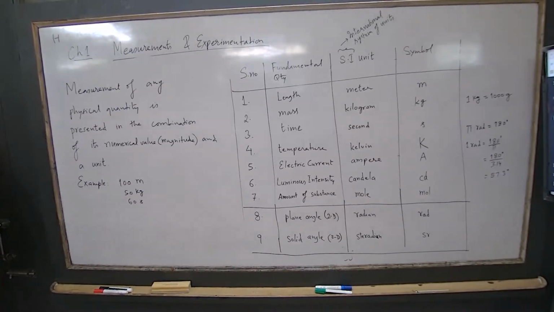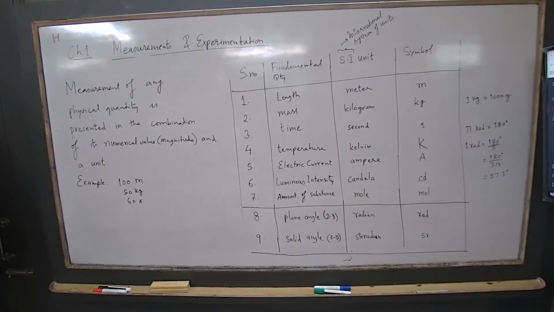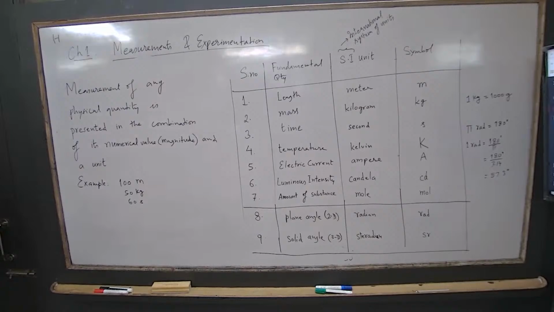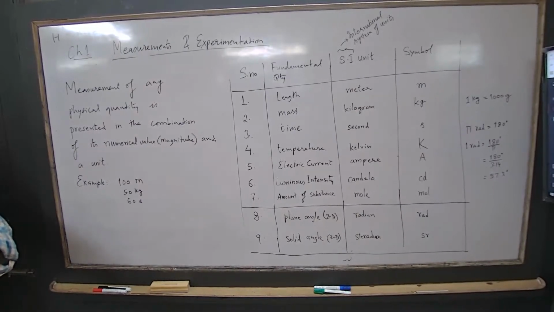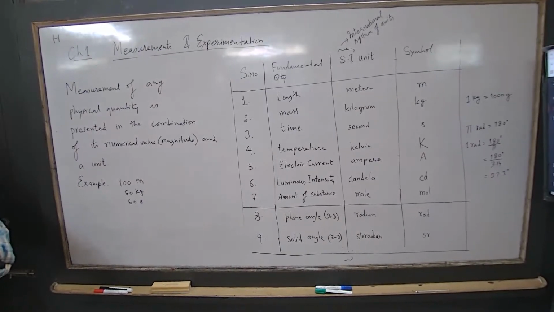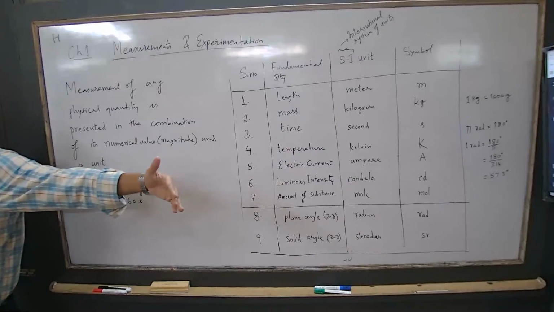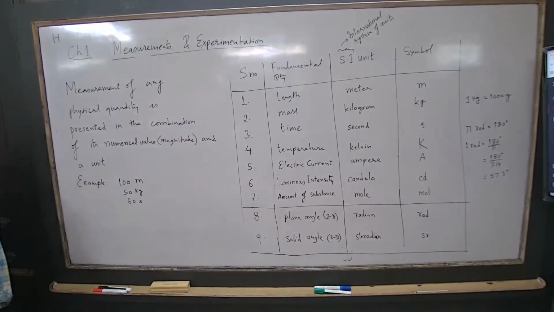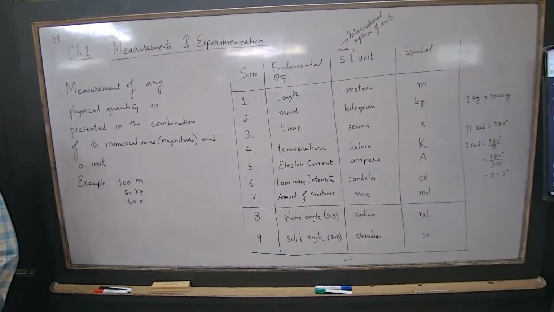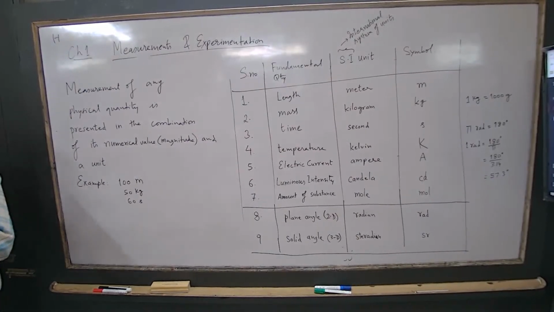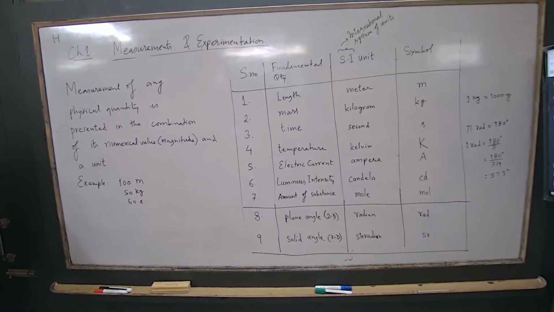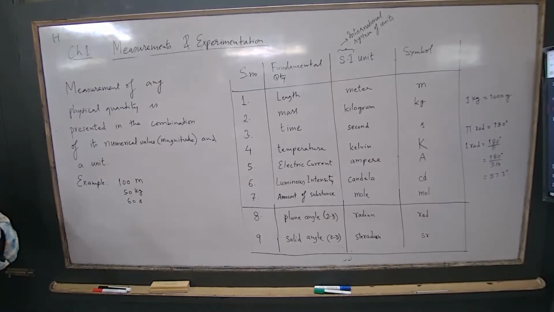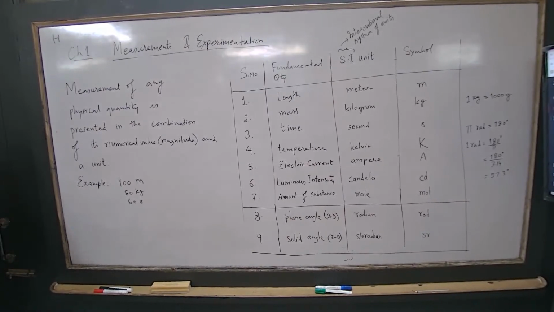Who decides that this is 1 meter? Can you call this length 1 meter? So the top scientists of all countries get together to decide the standards. It's not decided by one person.